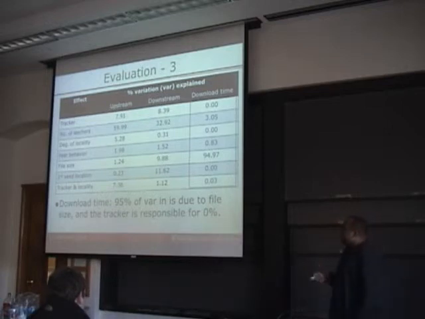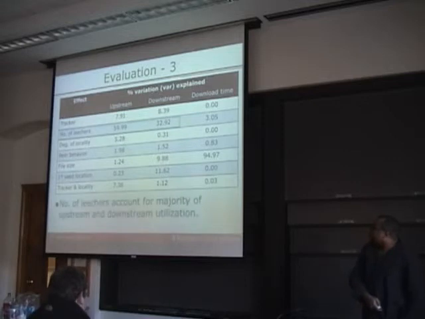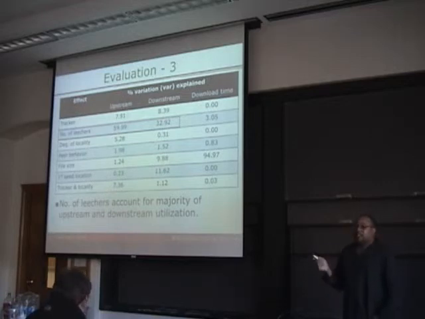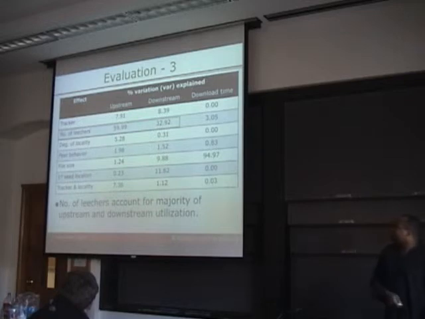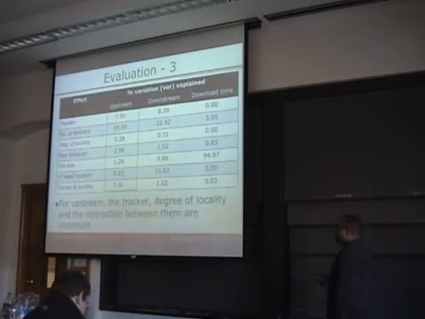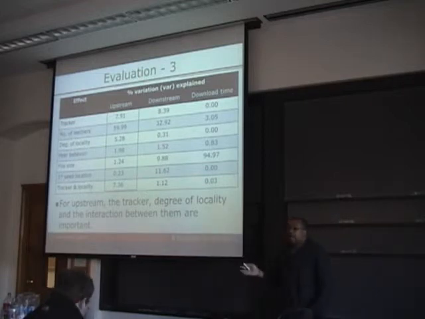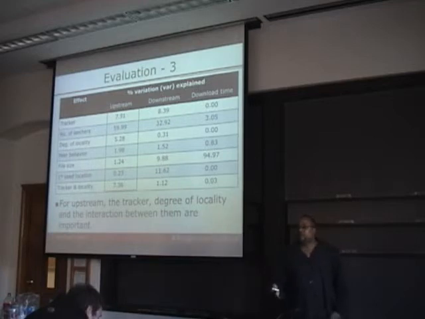We also considered upstream and downstream utilization of the transit link, and we noticed that again, number of leechers is the most significant factor in terms of variability in those two metrics. However, if we consider them individually, for upstream utilization, the tracker and the degree of locality are the next two important factors, so that requires further study.